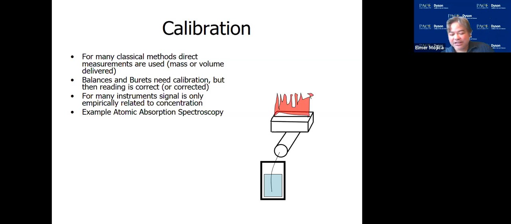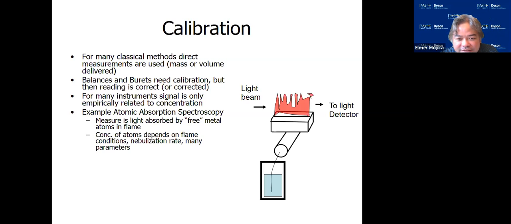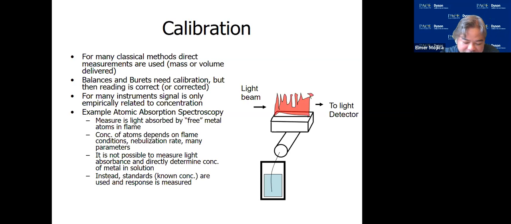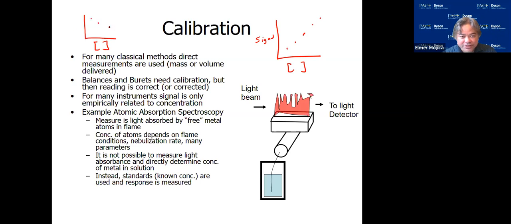So for instance, in the calcium and magnesium, use the AAS. And from that, if you have a different concentration, you're going to get a different signal. It can be a direct relationship or maybe like that one, depending on the instrument that you use.